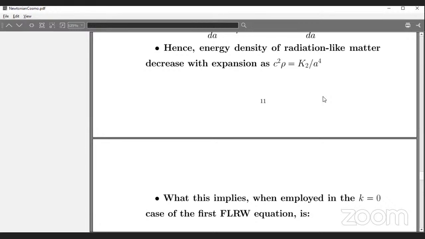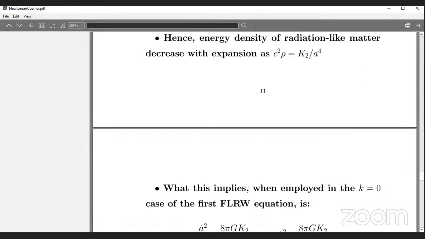So today, the universe is largely dominated by non-relativistic matter like Earth, planets, sun, stars, galaxies, etc. While the radiation content, which is given by the cosmic microwave background radiation, is cooled down to 2.7 degrees Kelvin. Its energy density is far less today compared to the non-relativistic matter. It is because of this feature that ultra-relativistic matter's energy density goes down as 1 over A4, while non-relativistic matter's energy density goes as 1 over A cube.